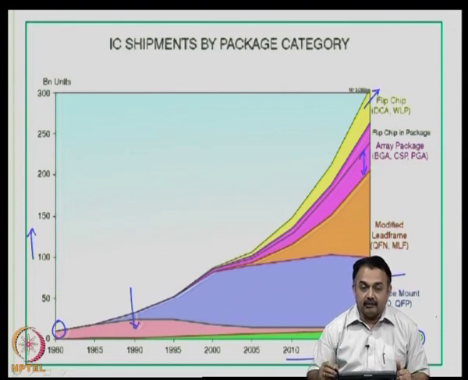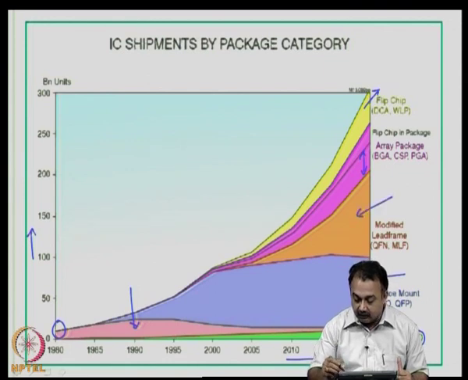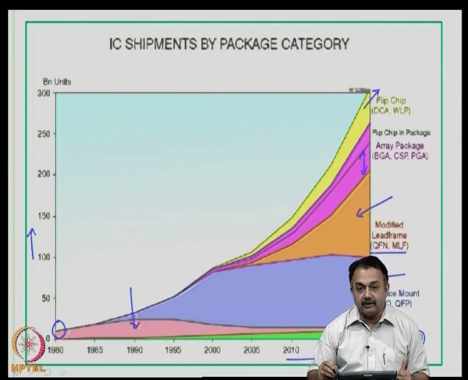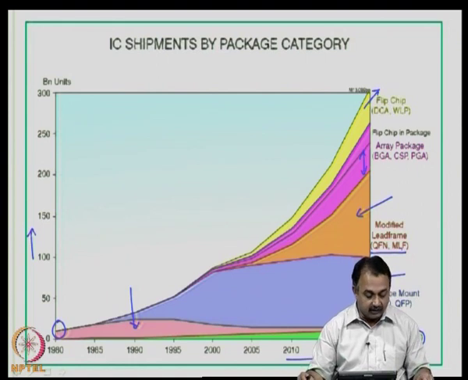If I ask you to specify the application areas for chip on board, typically it will be for handheld applications. And then modified lead frame packages like quad flat no lead or micro lead frame packages are also increasing in terms of manufacturing numbers.